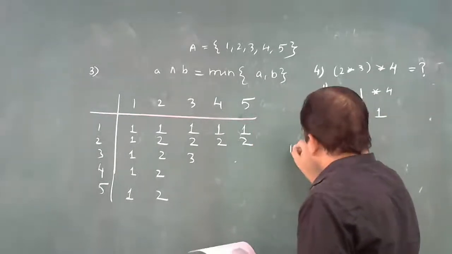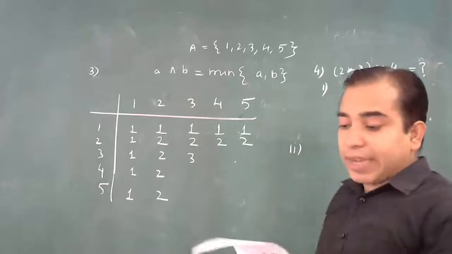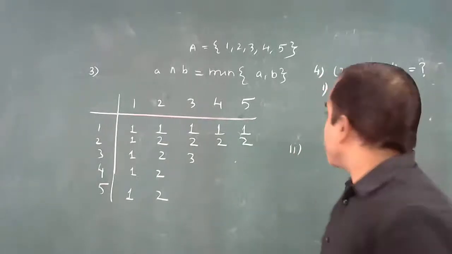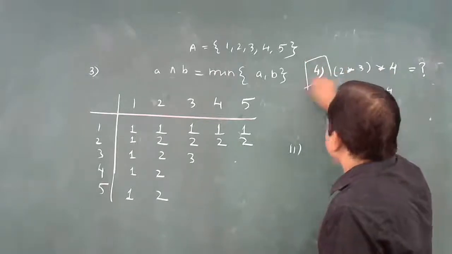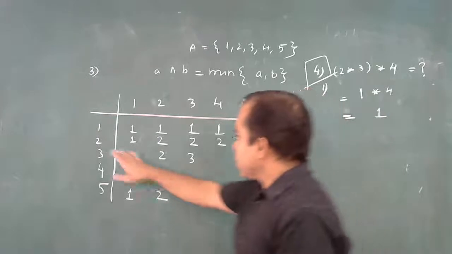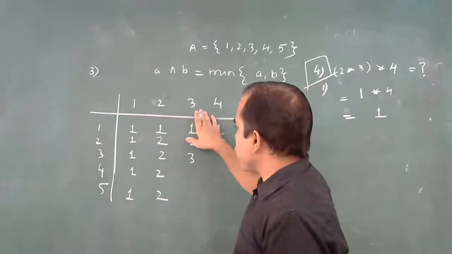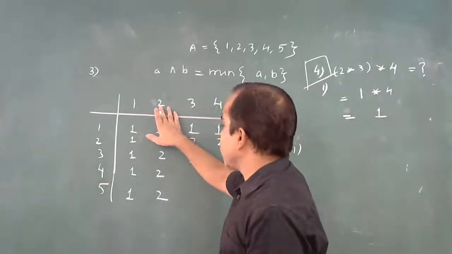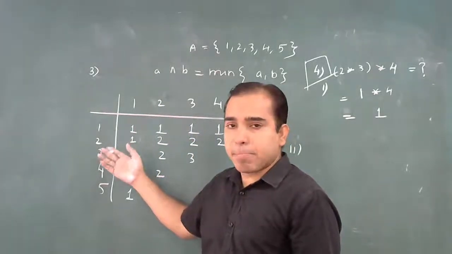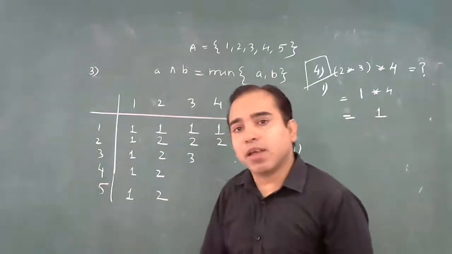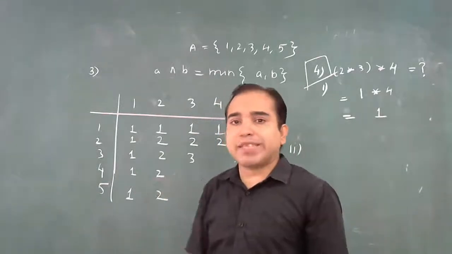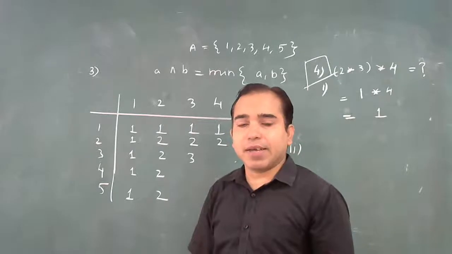Like similarly, the other part also can be solved. Then second part they are asking, is star commutative? Commutative means, this is question 4 I am talking about, right? Don't get confused. Commutative means that you take either 2 star 3 or you take 3 star 2. They should be the same thing. And in one word, if I say, rows and columns should be identical. Right?